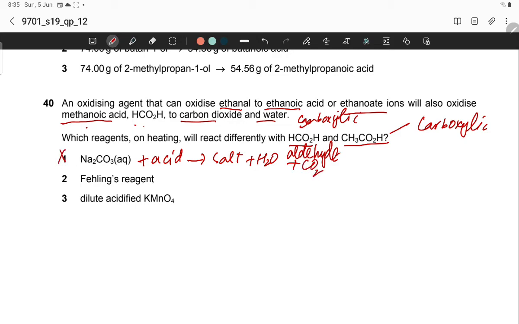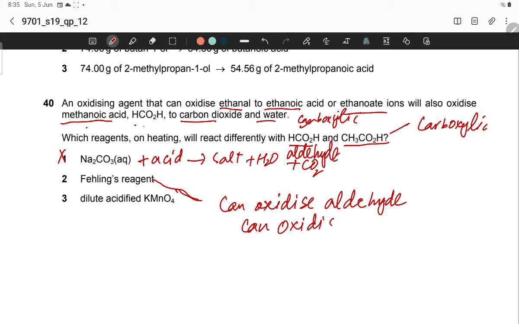Failing reagent as HCO2H is aldehyde, so it can be oxidized to form HCOOH. But carboxylic acid can't oxidize carboxylic acid.